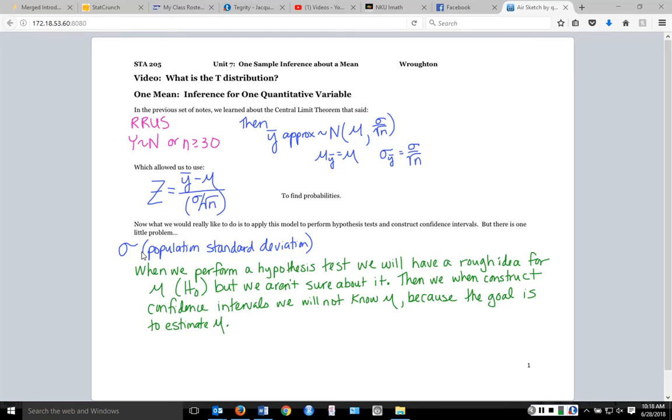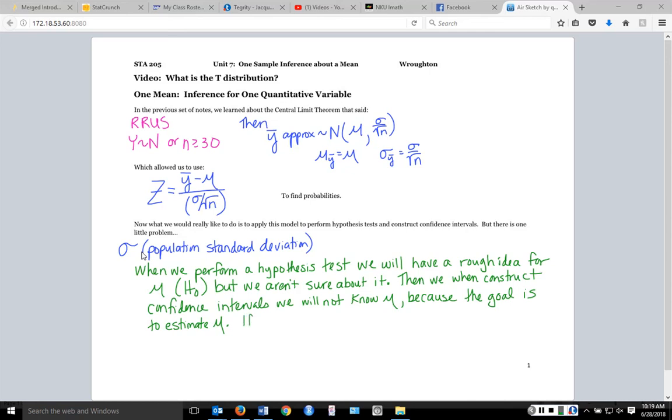Now, pausing here for a moment, I said our problem is going to be sigma, the population standard deviation, but up until this point, I've been talking about mu, the population mean. Okay, so really, mu is what leads to our problem with the population standard deviation. So let's think through this.